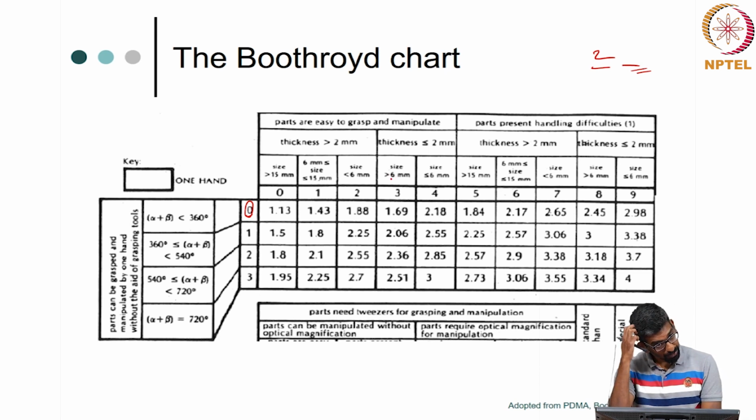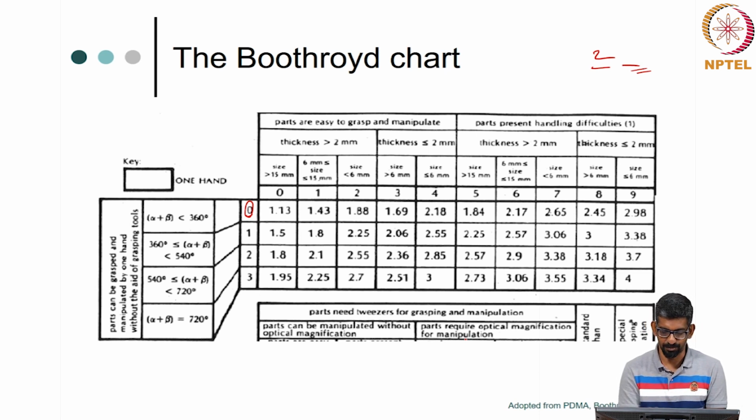You remember we spoke about symmetry number 1, thickness number 2, size number 3. That is the reason I discussed only that, but there will also be other things when you go into this. See, parts need tweezers for grasping and manipulation. Under that you will have restricted access, restricted vision, and for all that you will have time based information. Then you look at this and let's assume in this case the size was greater than 6 mm. Then your second digit code is 3.